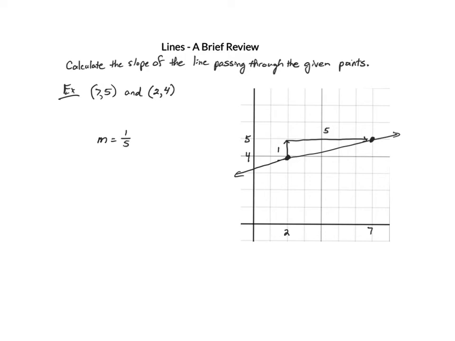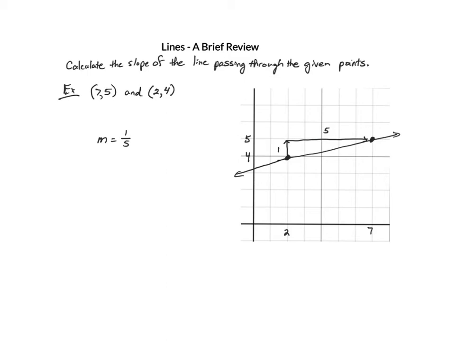But what if the points weren't as nice as that? Or I just didn't want to graph them. Let's talk about where those numbers come from. 5 comes from the fact that we're looking at the difference between 2 and 7 right here. We went from 2 over to 7 for a difference of 5.